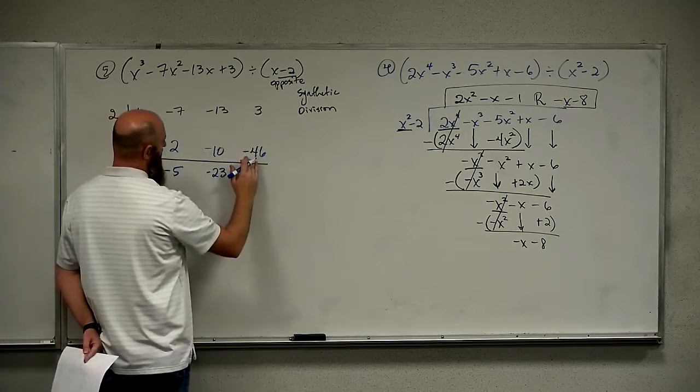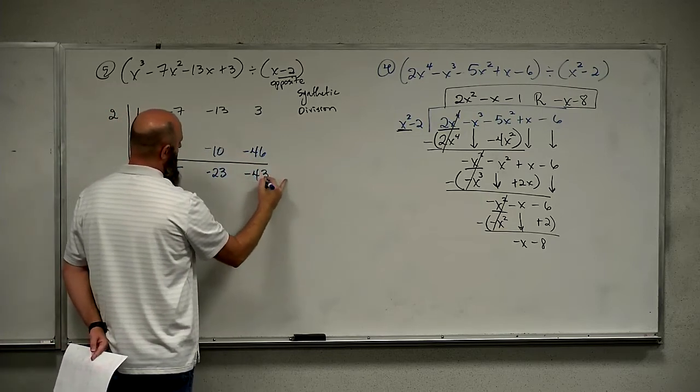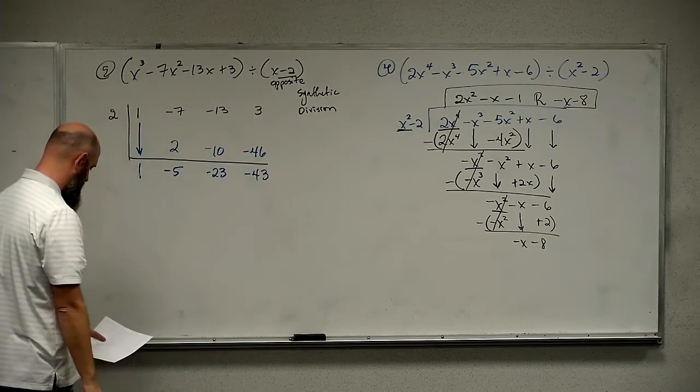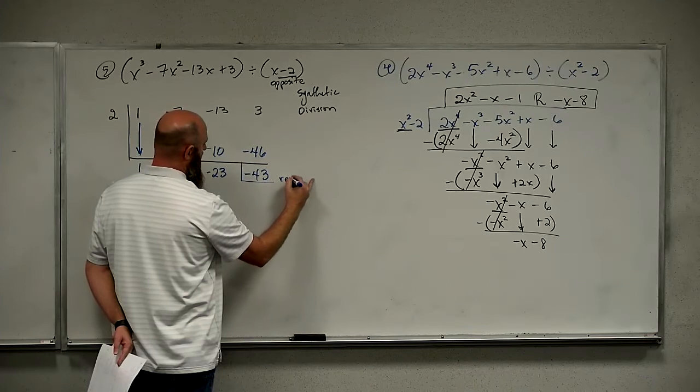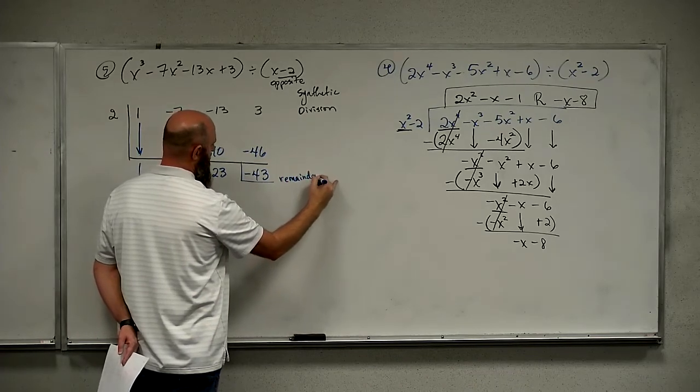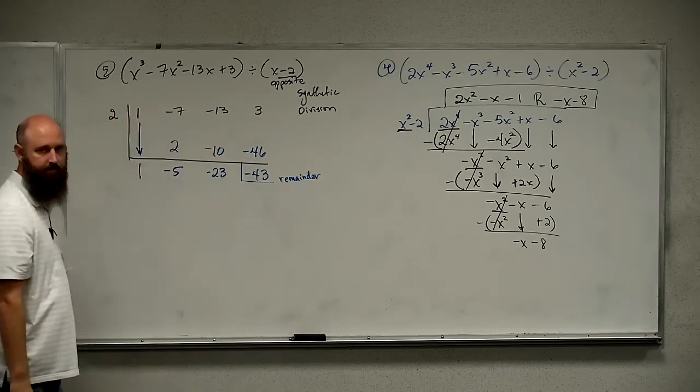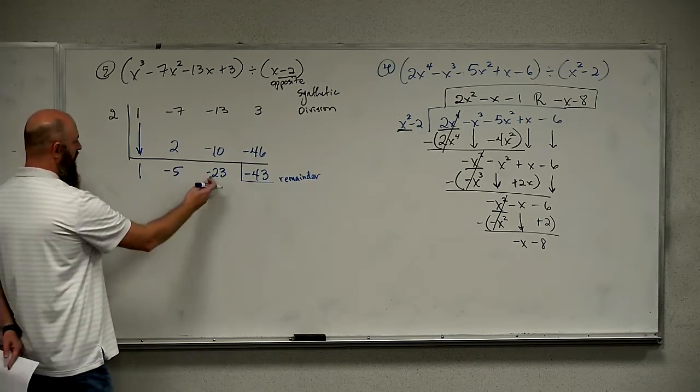And then we put those together and we get -43. Now, this last number down here will always be your remainder, every time.